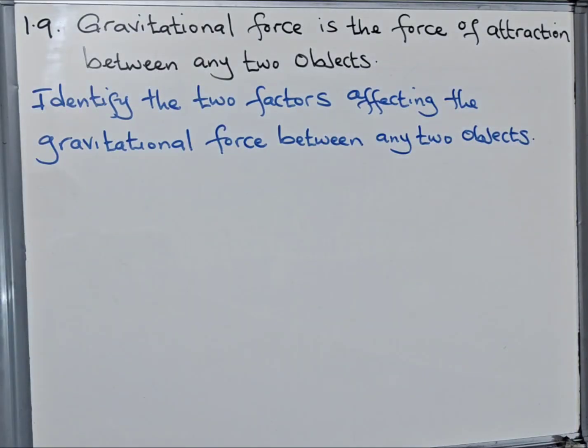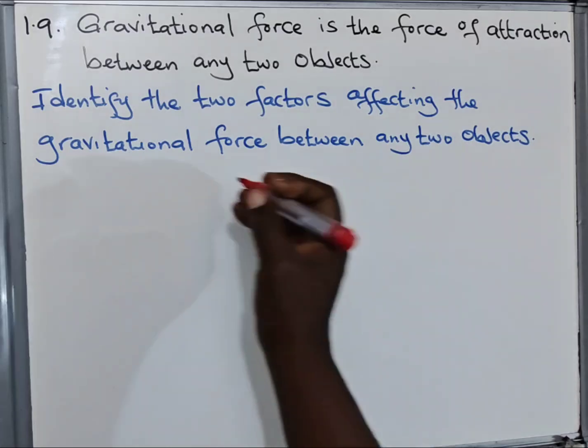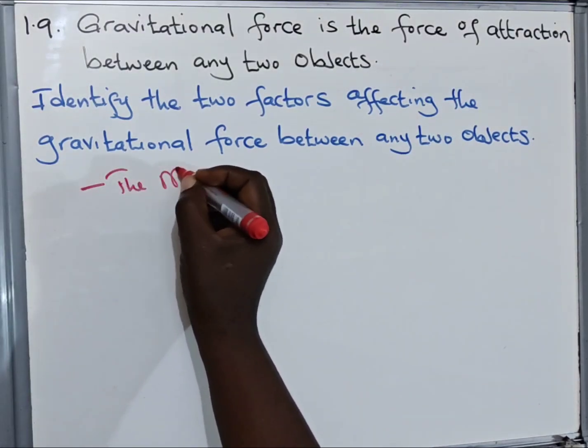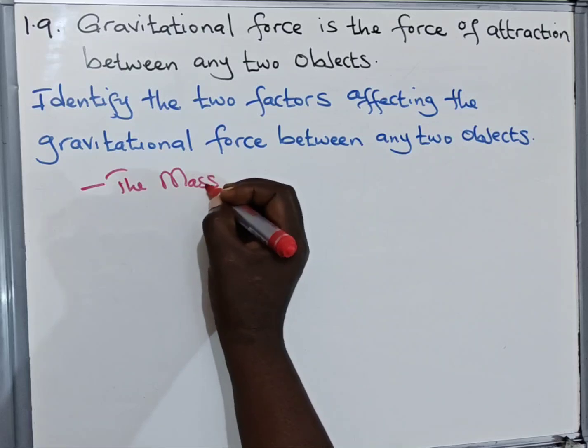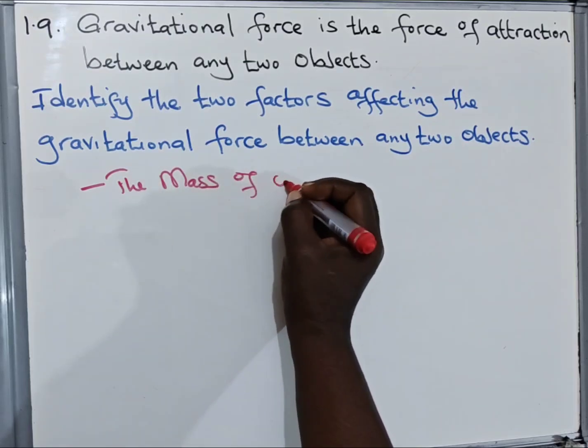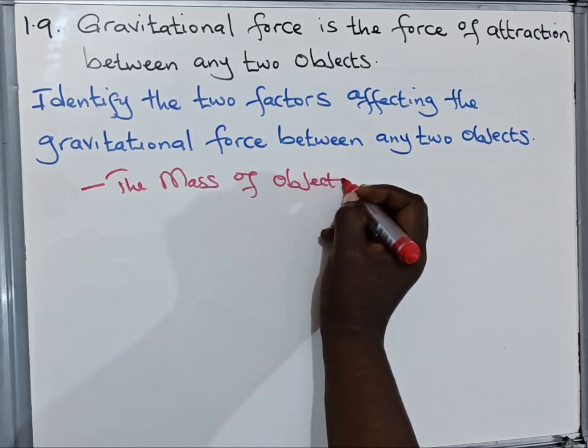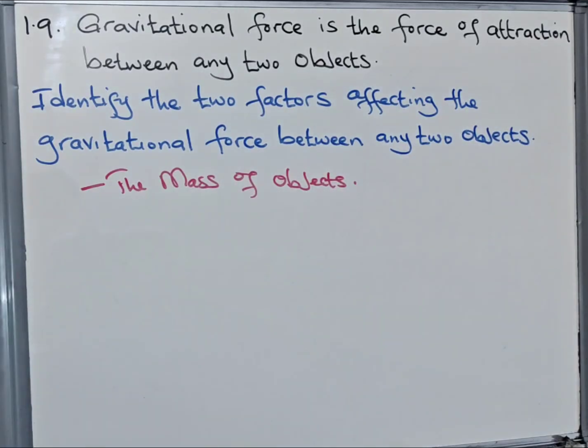What are those 2 factors which determine the size of the gravitational force? The first factor is the mass of the objects. Here we have to know that the bigger the masses, the greater is going to be the gravitational force.